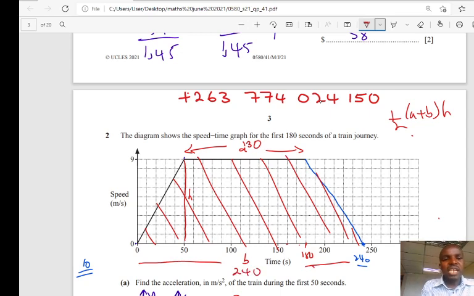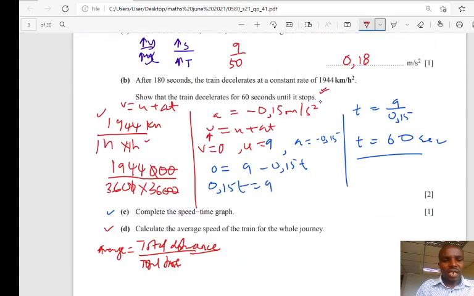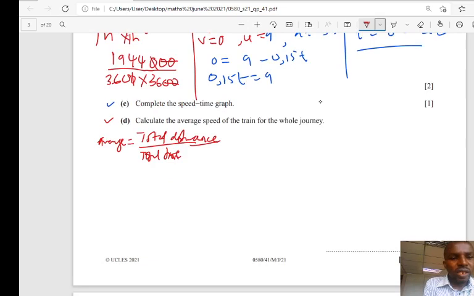That's A and B. Then height is from this point to this point, which is 9. It's actually the same as this side. It's actually 9. That's your height. So you say half, 130 plus 240, times height, which is 9. That's the distance.